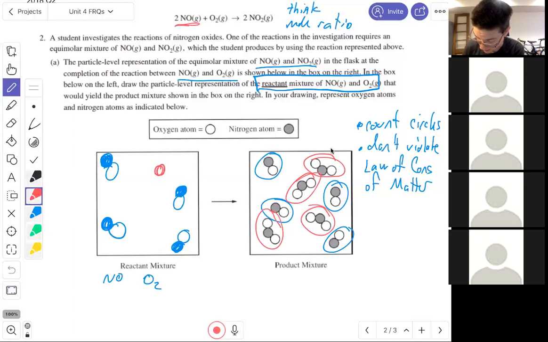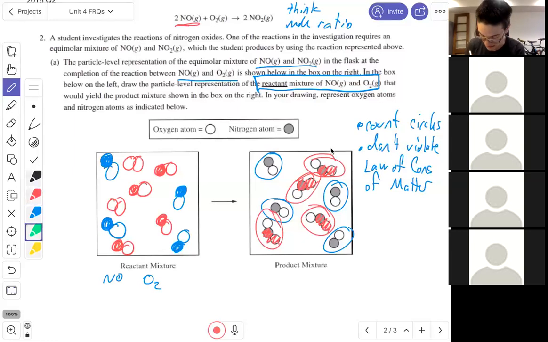So an NO, an NO, an NO, and an NO. That uses up those four nitrogens. So what do I have left? Four O's. And how are they going to exist as reactants? As O2, together. Two pairs of O2.